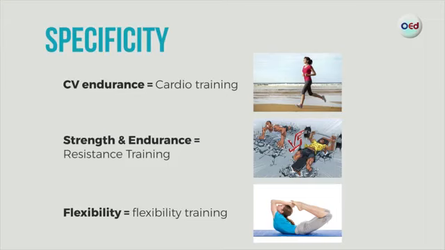If you want to develop your muscular strength and endurance, engage in resistance training, either with the use of free weights, exercise machines, or only your body as your lever. While if you want to improve your flexibility, you should perform stretching and other flexibility activities.